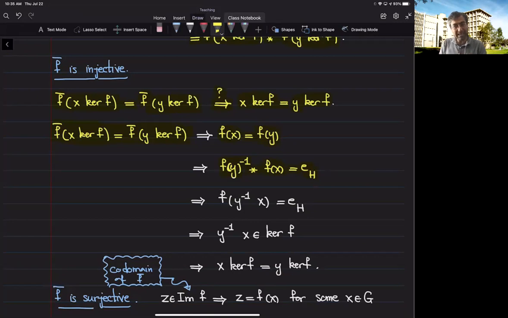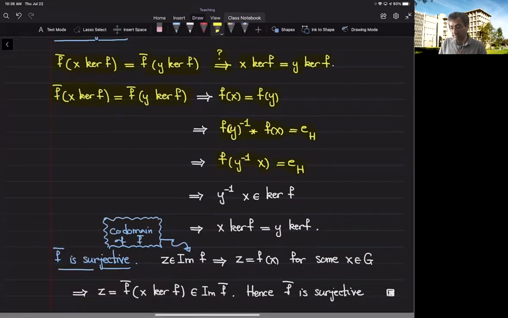Now, we know that F is a group homomorphism. Therefore, this product is simply F of Y inverse X. So F of Y inverse X is supposed to be the neutral element of the codomain.